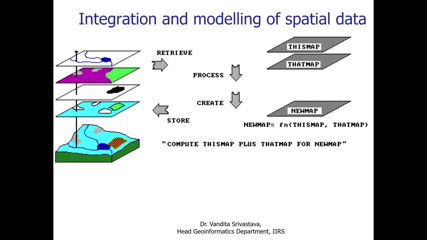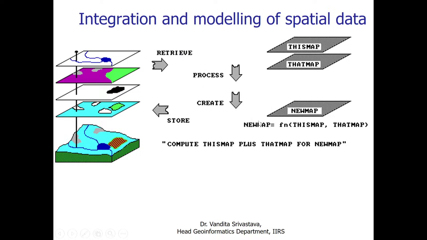Now what is this integrated modeling? I'll explain it here in this diagram. You take some part of the geographic earth, or any planet for that matter, as your study area. In this study area you try to extract each layer, the thematic layer, administrative layer, topographical layer, and then you represent various relevant variables with the help of these layers, and then you create some new maps.